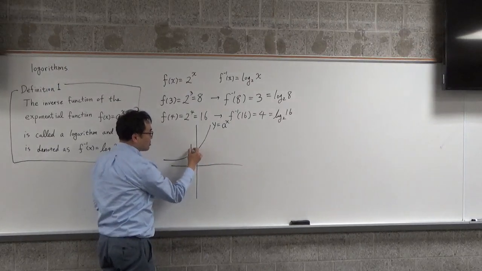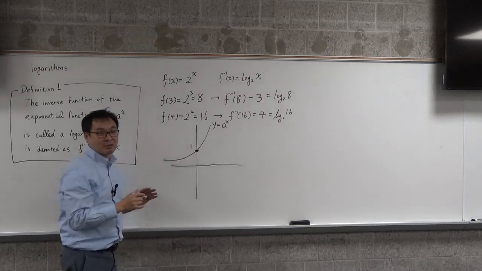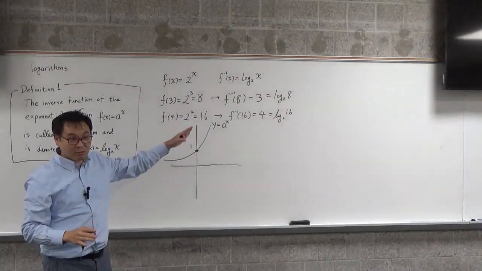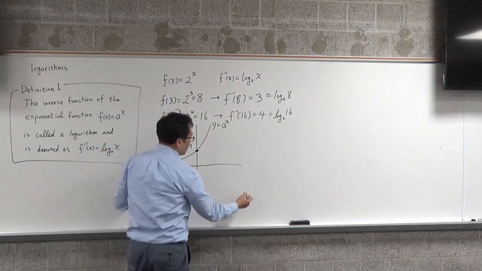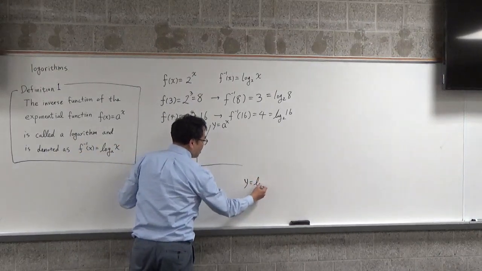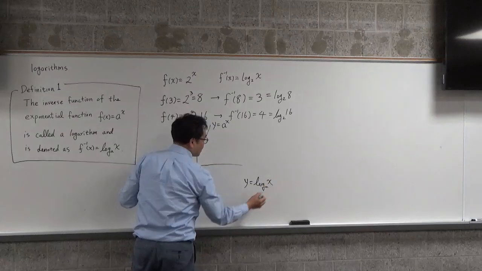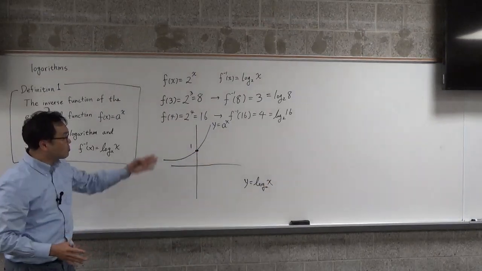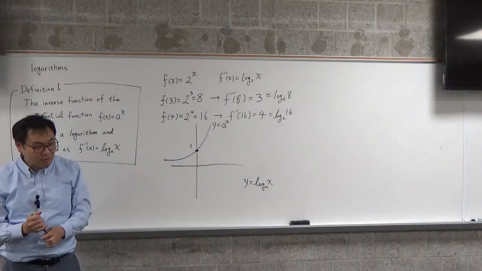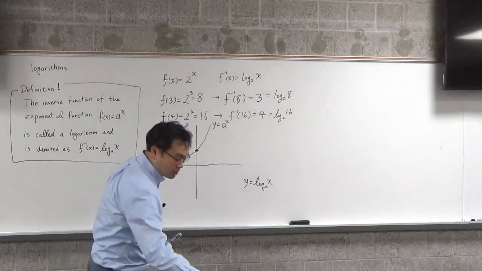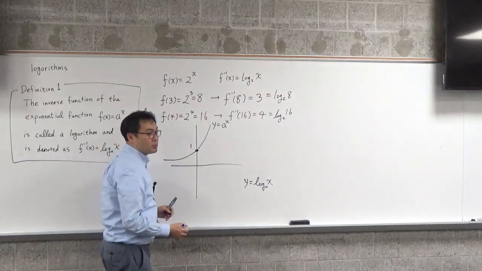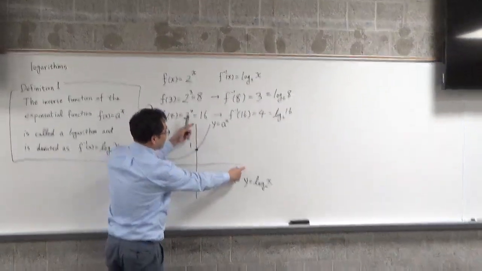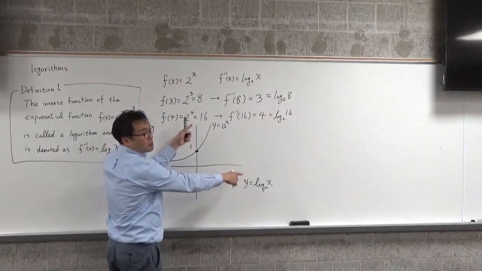So the y-intercept is 1. For any value of a that's bigger than 1, you always have this shape of the graph. Now, if you drew the graph of y equals log base a of x, that's the inverse function of this, right? How does the inverse function graph look? Here's x and here's y, and you're switching input and output, right?